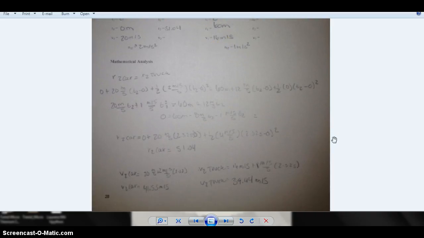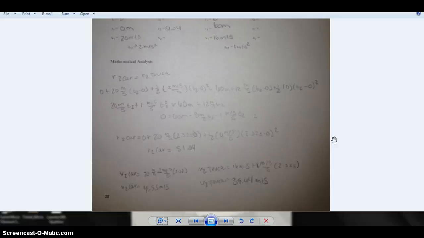Okay, and so then I just plugged in the mathematical equation with the numbers that we were given, so velocity and rate, and then I was able to find that the time was 2.32.